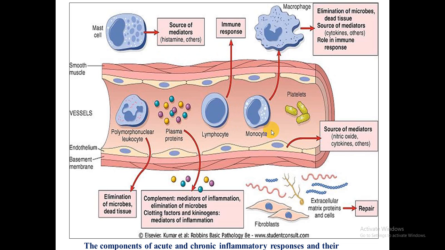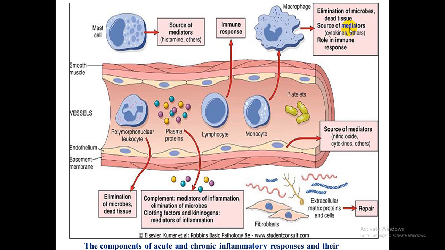The monocytes, named monocytes in the blood vessel, are called macrophages in tissue, in the extracellular or interstitial tissue, and their role is elimination of microbes and dead tissue.